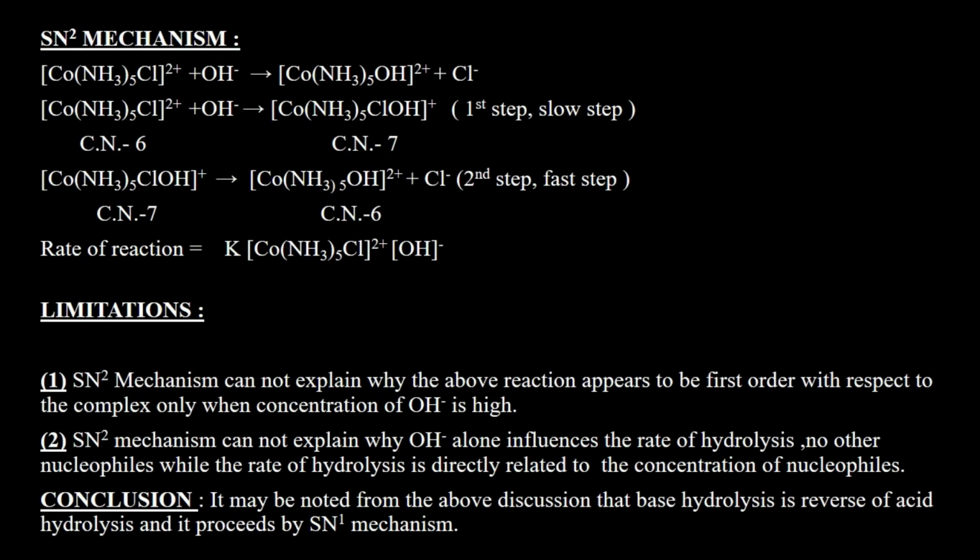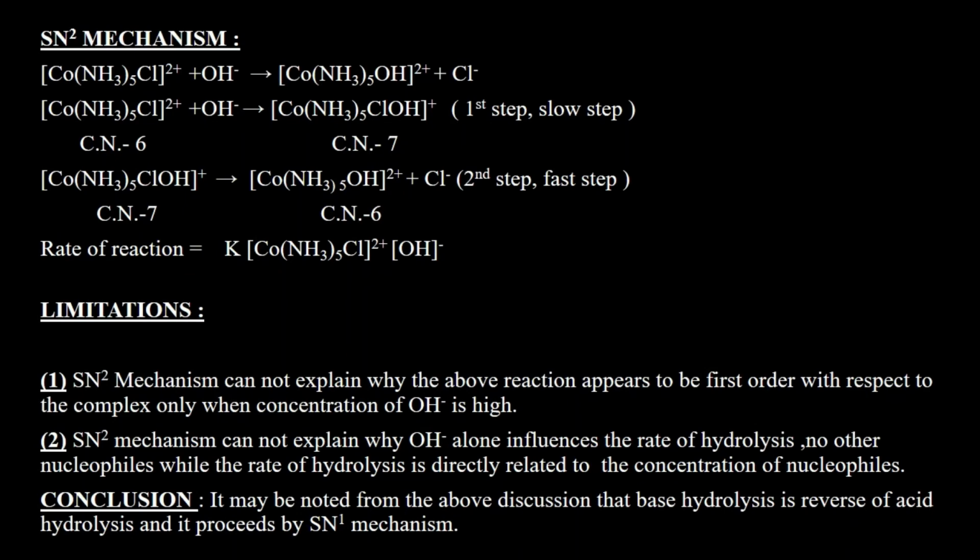This is a slow step. In this step, the complex has coordination number 6, but the intermediate complex formed has coordination number 7. In the second step, the intermediate compound loses Cl- ion to form [Co(NH3)5OH]2+, which is the product. It has coordination number 6.